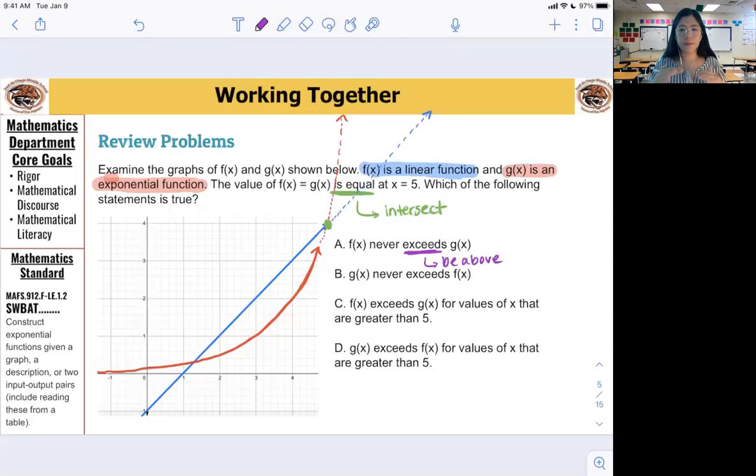So on this graph, let's see. Is this true or false? F of x never exceeds g of x. So look on the graph. Is there a point where the blue line is on top of the red line?